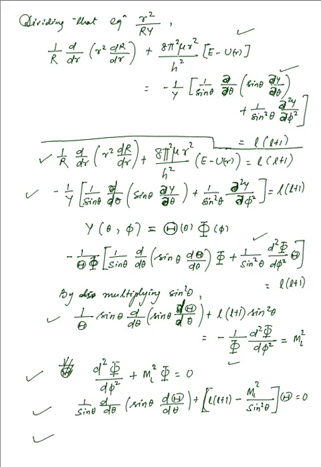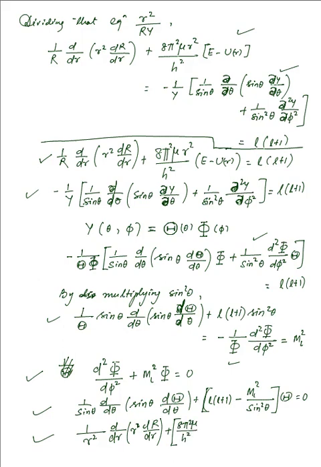Rearranging, we'll get 1 over r squared d over dr, r squared dr over dr, plus this one will be a bit of a big term, 8 pi square mu over h squared.